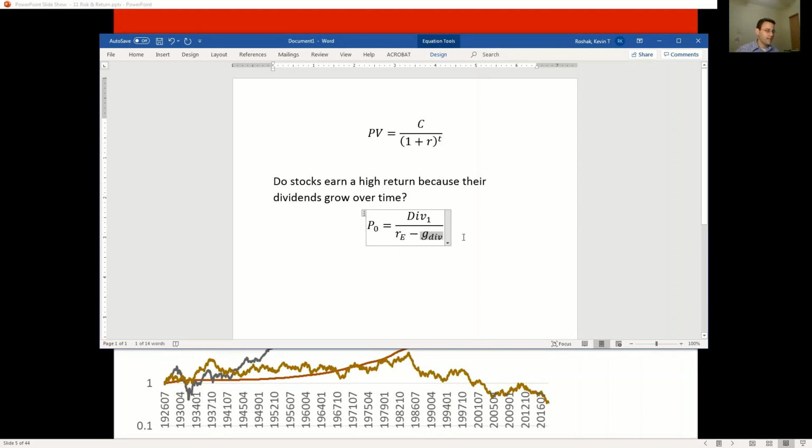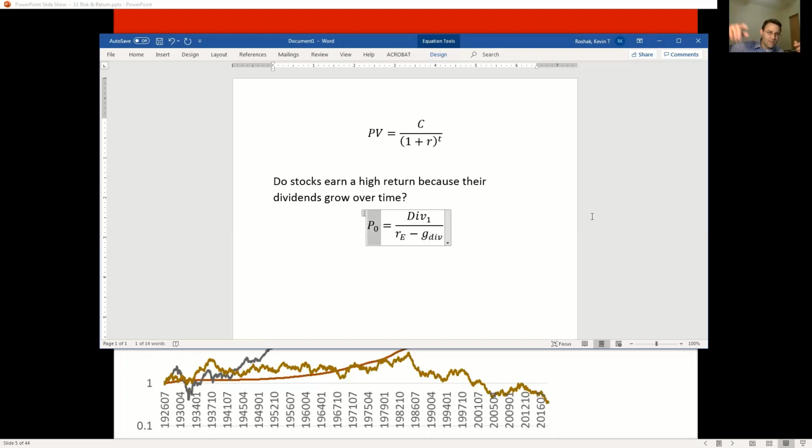So taking a step back, what do I mean? Investors know that the dividends are going to grow. So that growth should be priced in the stock price. It should be part of the stock price today when investors are forecasting the dividend growth. If that dividend growth is incorporated in the price today, then that doesn't mean that the price is going to grow over time, right?